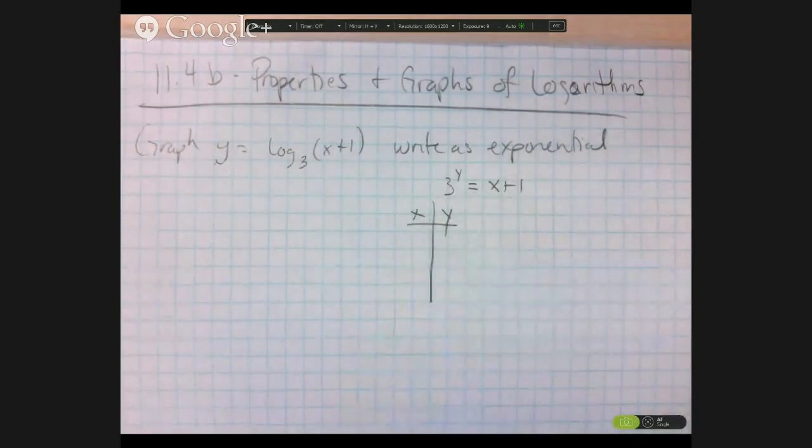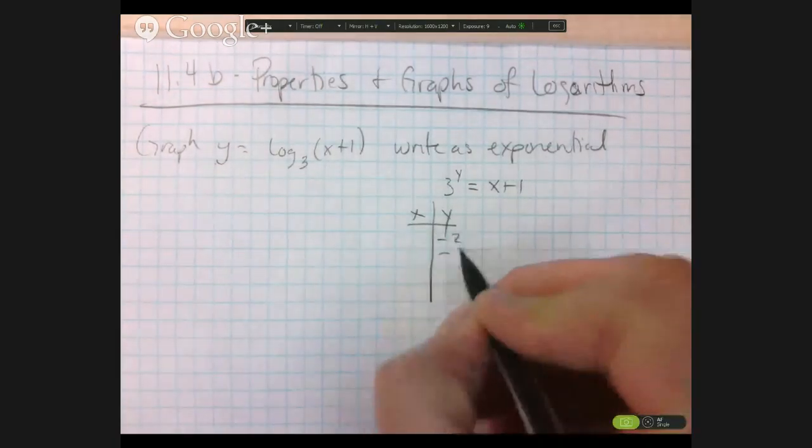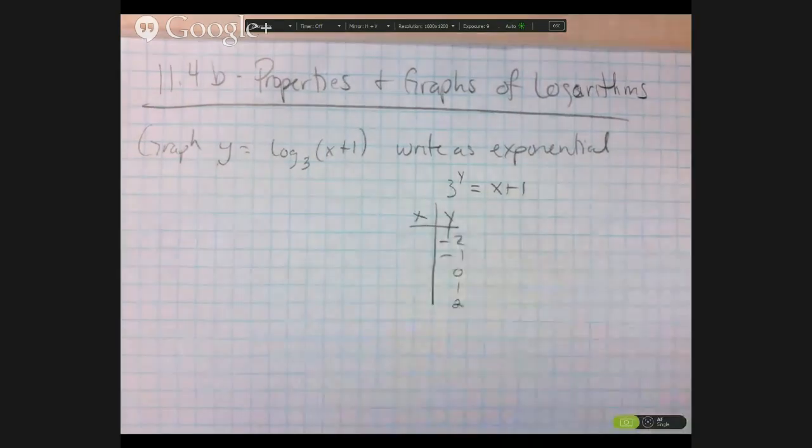These ones are easier to actually work backwards. So what's a y value? And then go get the x. That's the only change. I would start with the y, go get the x.